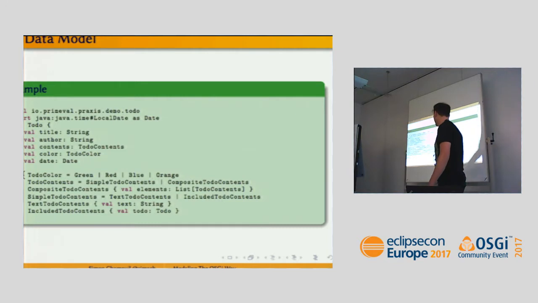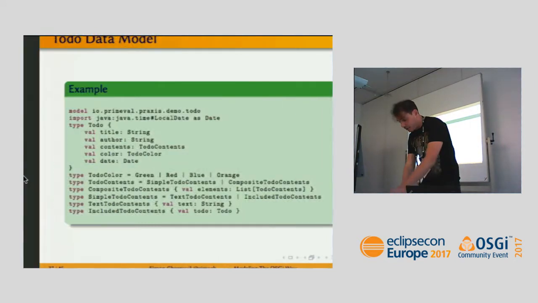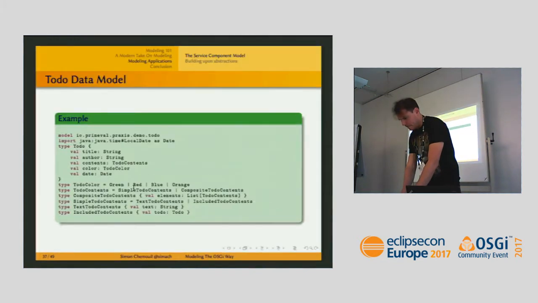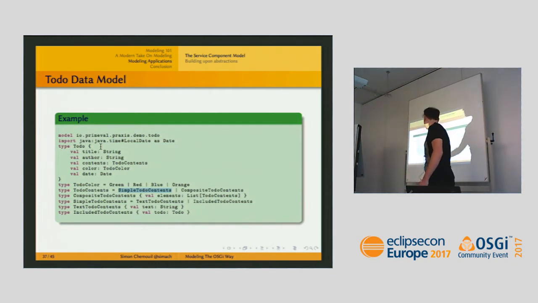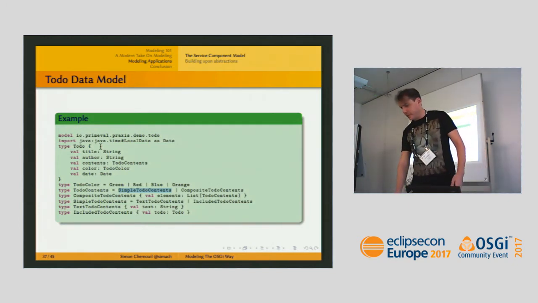I'm saying that the to-do contents is a simple to-do contents or a composite to-do contents. It refers to other types just here. You have enums, like color is green, red, blue, or orange, and so on. This is just a sample. And I can have imports.